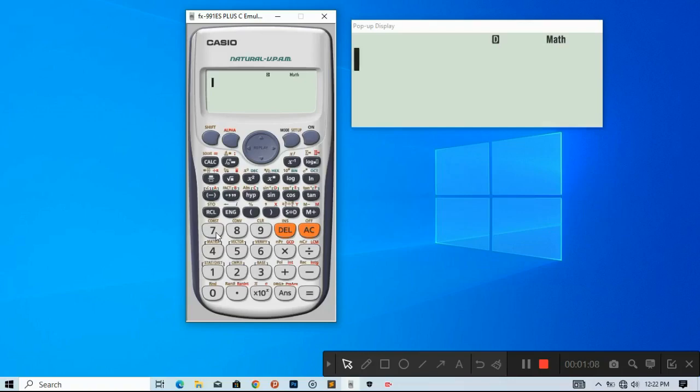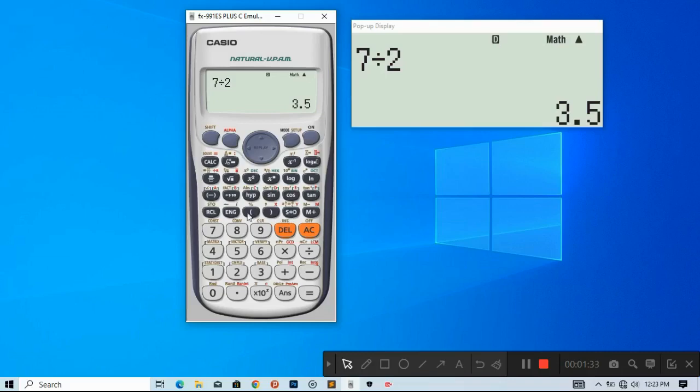Here we perform basic operations like 2 plus 5 equals 7, 6 minus 3 equals 3. 7 divided by 2 equals 3.5.